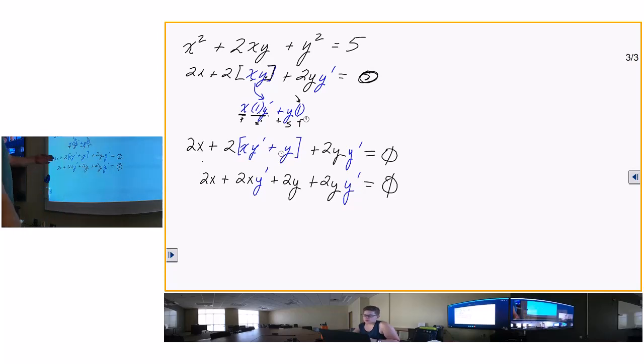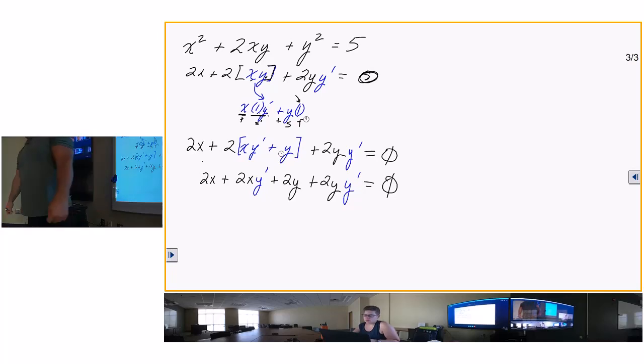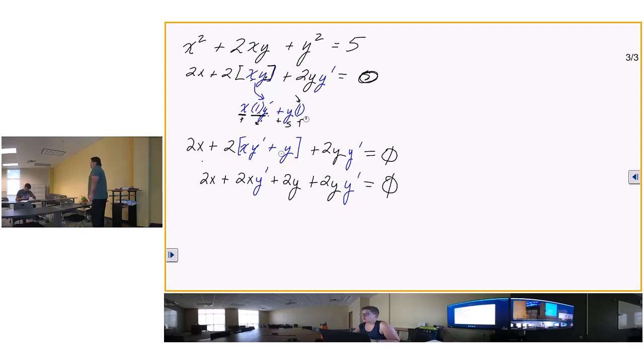Okay, look what we got down here. So this is where students go, oh, well, what do we do now? Well, what do you do if you have 2 x's and 2 y's and you're solving for y? Algebraically, you get all the y's on one side, you get all the x's on the other. We're in pre-algebra now. So what are you going to do with that 2x and that 2y?